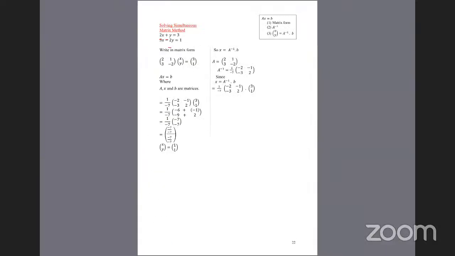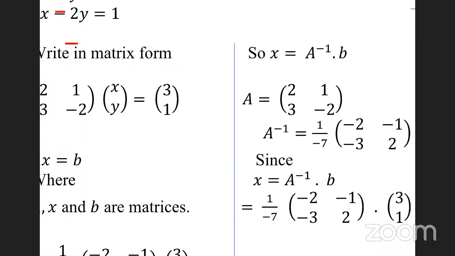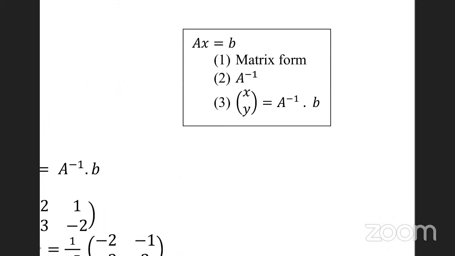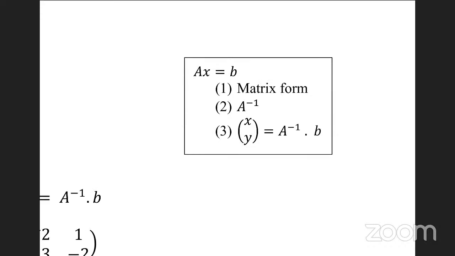And last thing, how do we solve simultaneously? Right? You have these 3 steps to remember. Write this down. Write in matrix form. Find the inverse. Multiply by B. Those are the 3 steps to solve simultaneously.